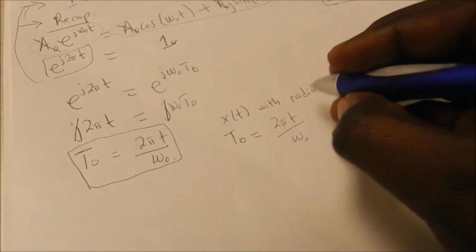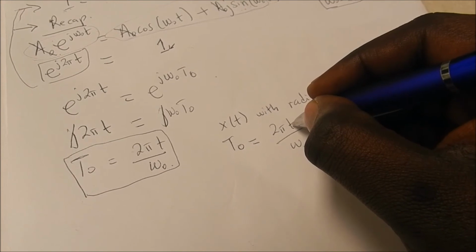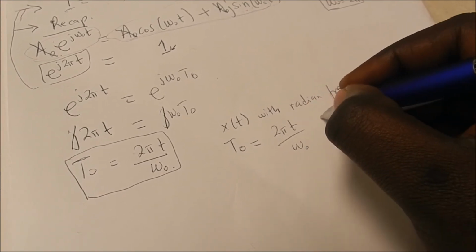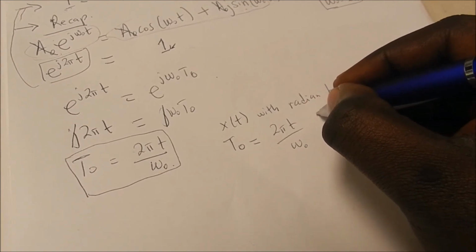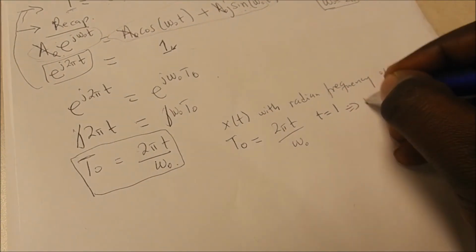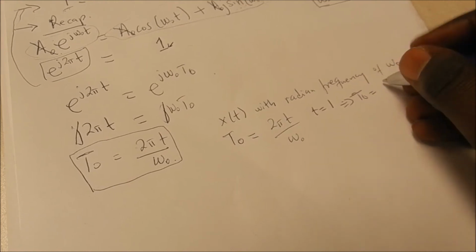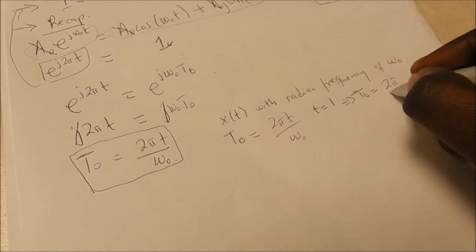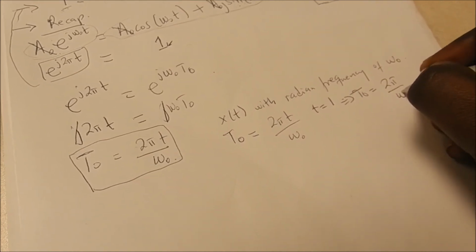And we always set t equal to 1, so t naught is just equal to 2 pi over omega naught.